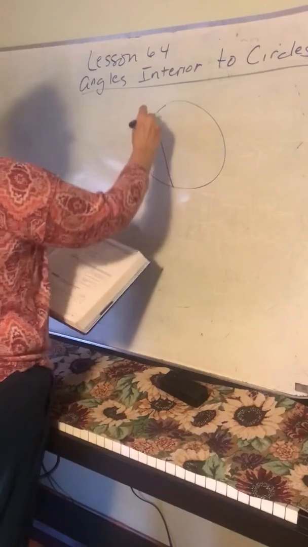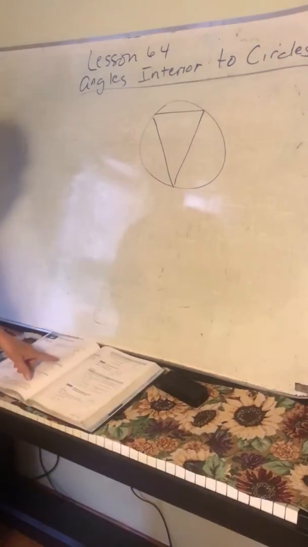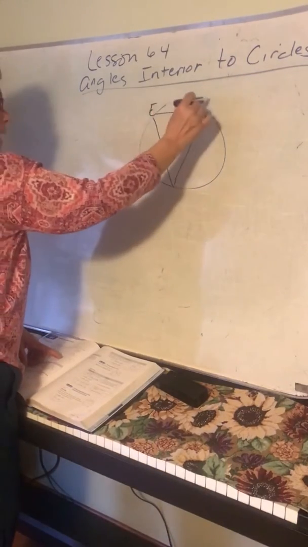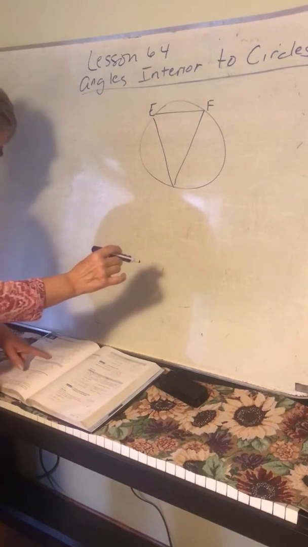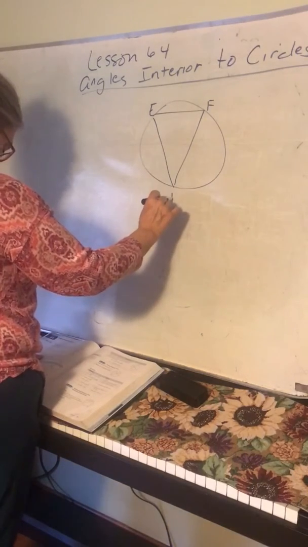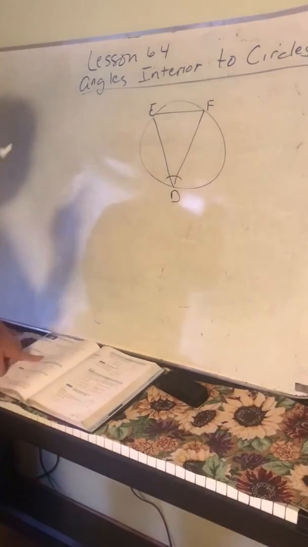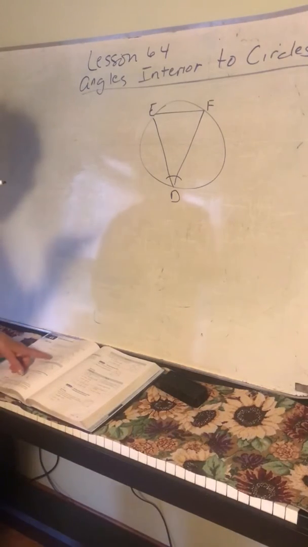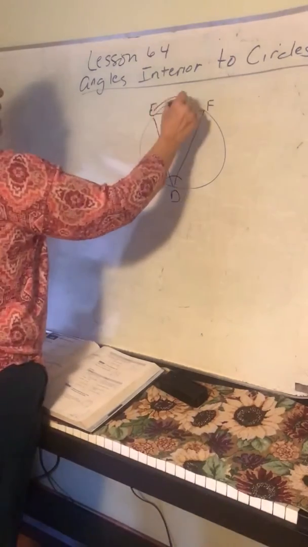If we have a circle like so, and we have E, F, and D. In this angle EDF, this angle right here, we call it subtended by EF.